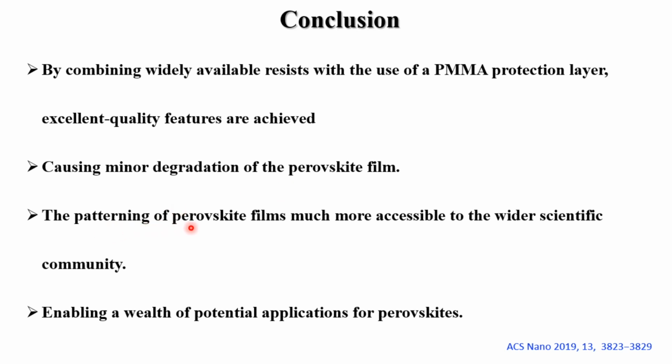The patterning of perovskite film becomes much more accessible to the wider scientific community with this lithography process. This can also be used for commercial purposes, and this enables a wealth of potential applications for the perovskite. So this is all for this presentation.